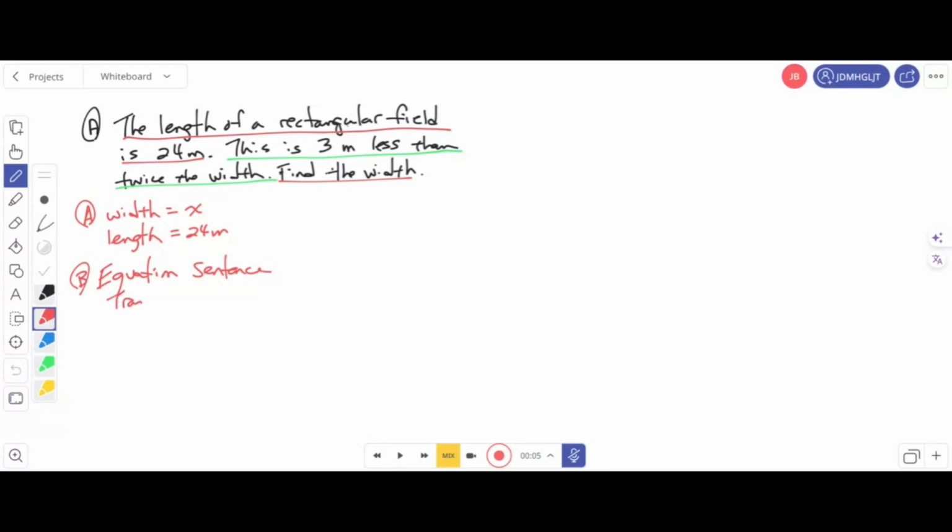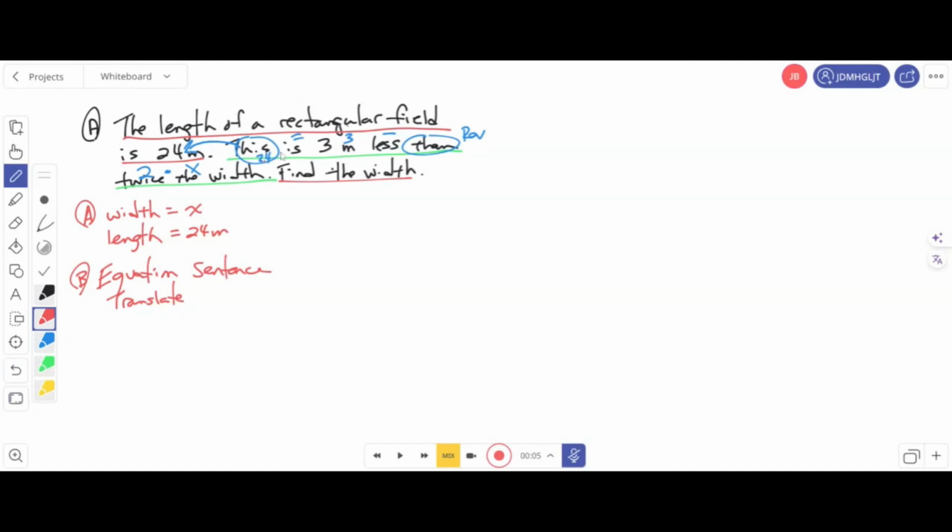So now we translate. This is pointing to what was mentioned in the sentence before. So it is pointing to 24. Is equals 3, less is subtraction, than is a reverse word, twice is 2 times the width, x.